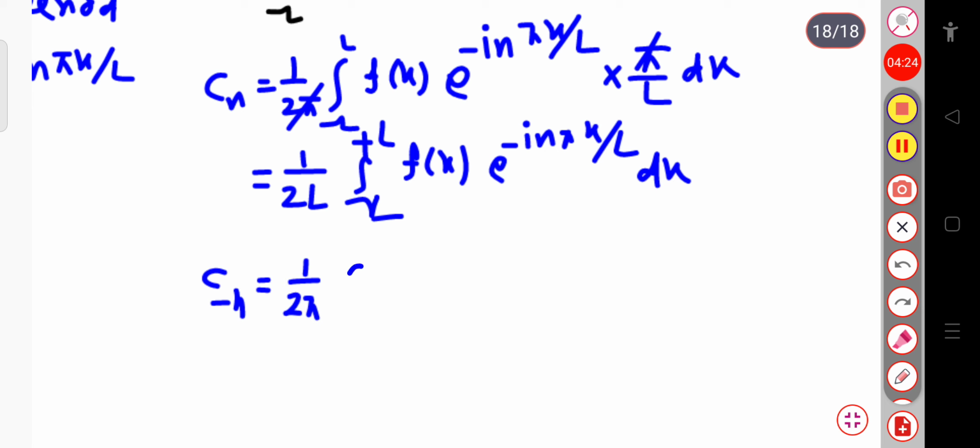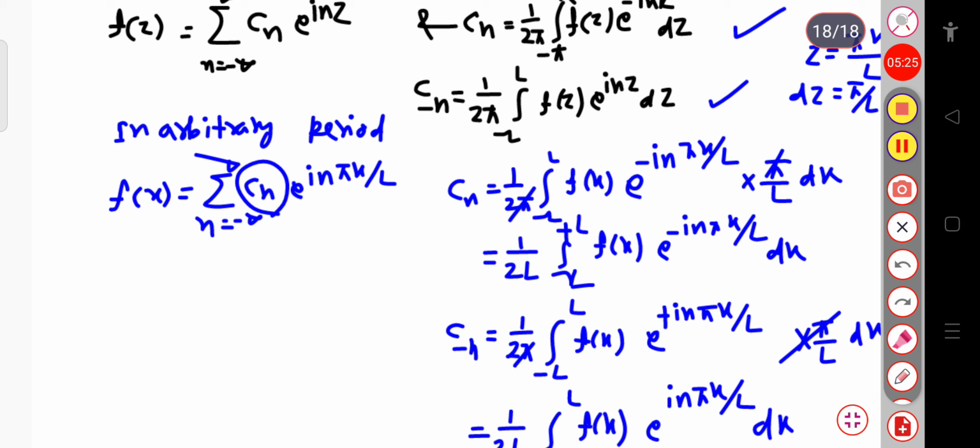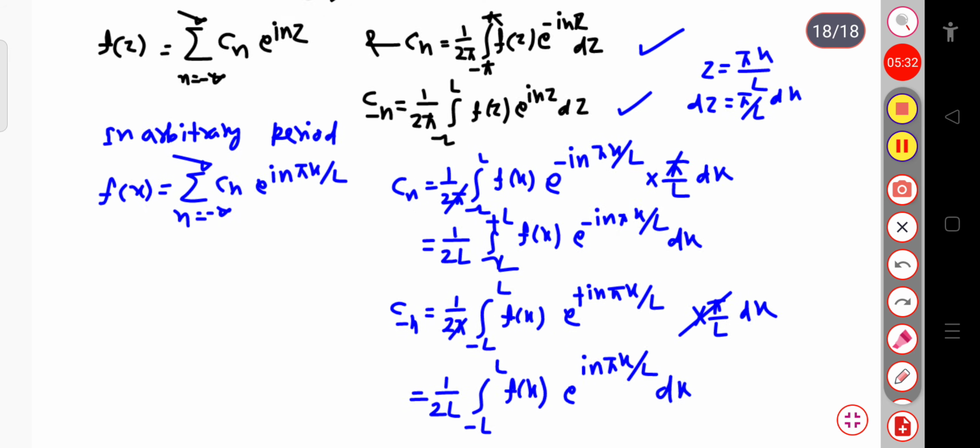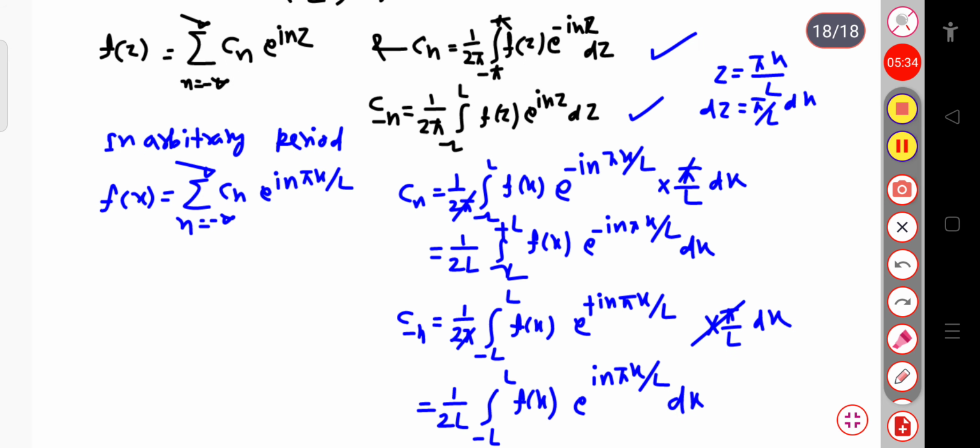In the Fourier series expansion, if you know the value of Cn, you can directly calculate the Fourier series. So this is just the method, and here we are writing Cn as well as C minus n. In the first part we represented the Fourier series when z lies between minus pi to plus pi.